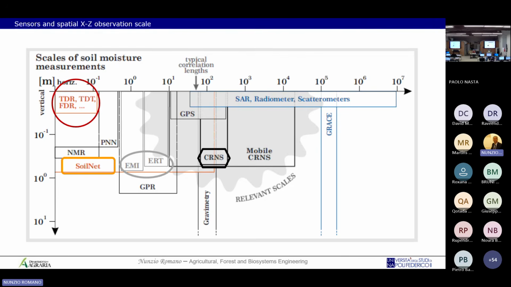Then you can also use the cosmic ray neutron probe, cosmic ray neutron sensors. You can see again, you integrate a point scale, local scale, and field scale, and then of course you have the other sensors.